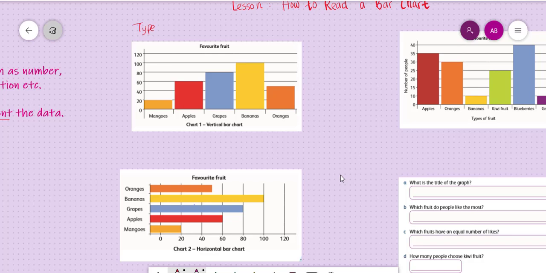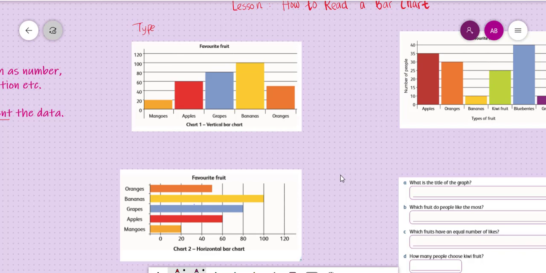Okay, kids, the data has to be shown about what we want to read. For example, this one is showing a favorite fruit. So you have to put the title over here, like how many favorite fruits in grade 4B or grade 4A.